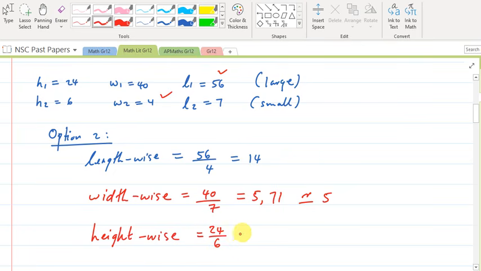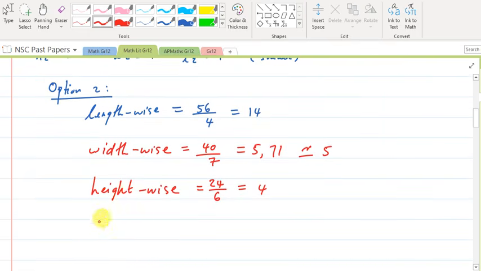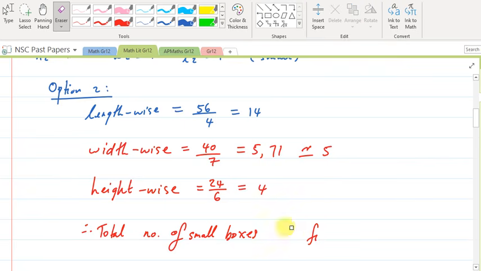Total number of small boxes that can fit into the larger box is equal to 14 times 5 times 4.